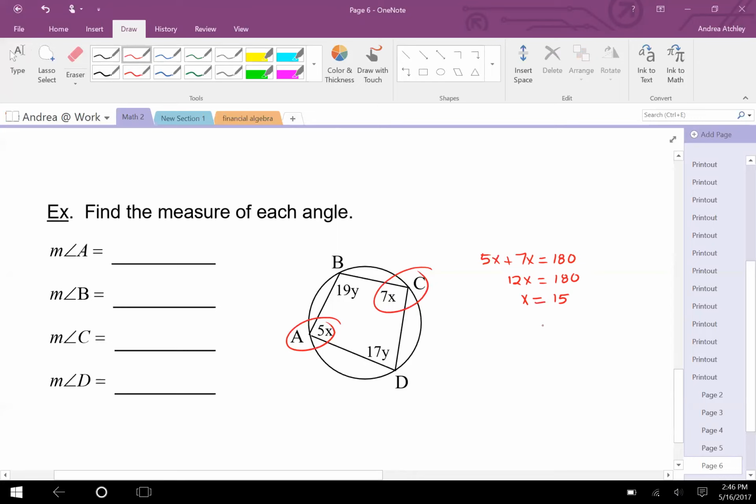Okay, I want to find the measure of angle A. So angle A equals 5x. So we're going to do 5 times 15. And that will give me 75 degrees. With angle C, same thing. It's going to be 7 times x now, and x is 15. So that will give me 105. You're going to find B and D the same exact way.